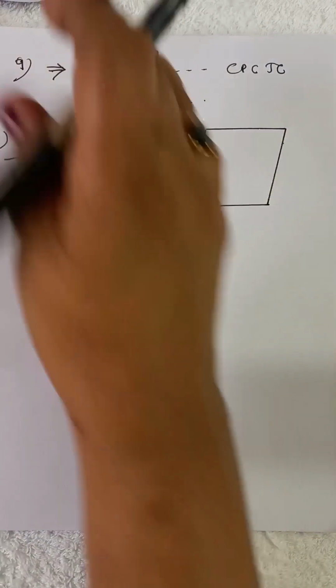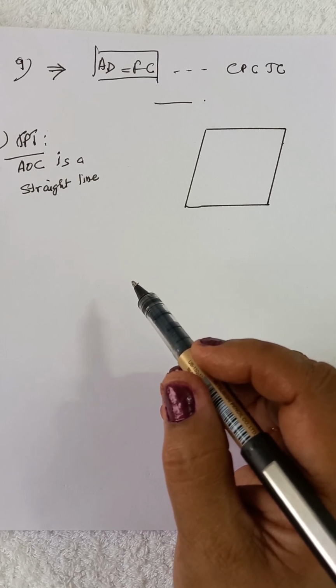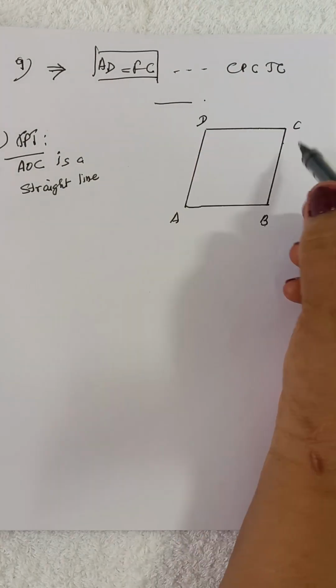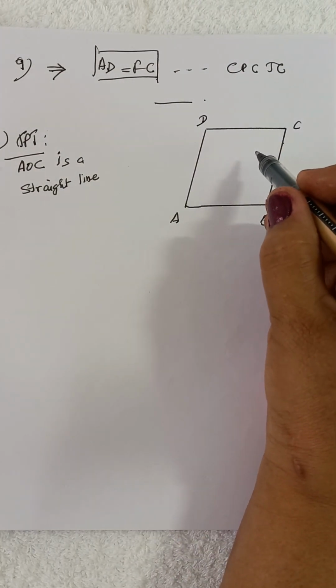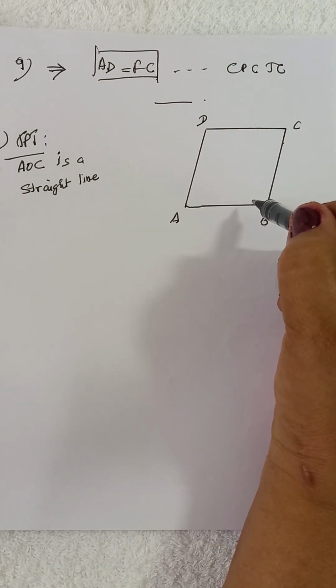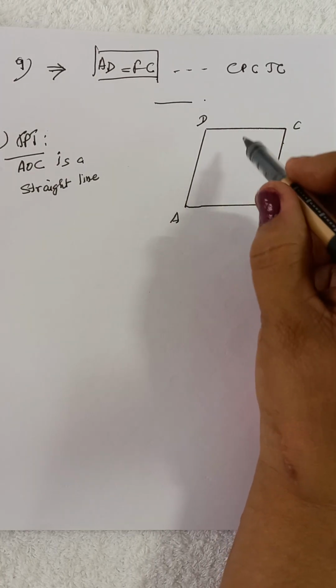Now the 19th question. A point O is taken inside a rhombus ABCD. So this is rhombus ABCD. What is rhombus? In a parallelogram, we know opposite sides are of equal length, but in a rhombus all sides are of equal length and opposite sides are parallel also.